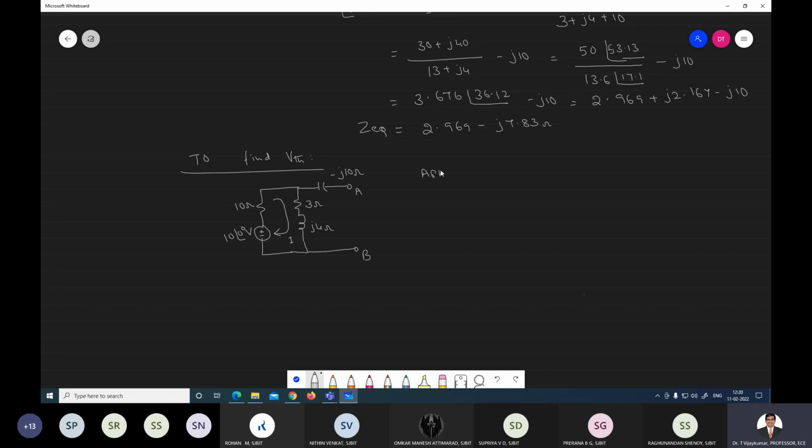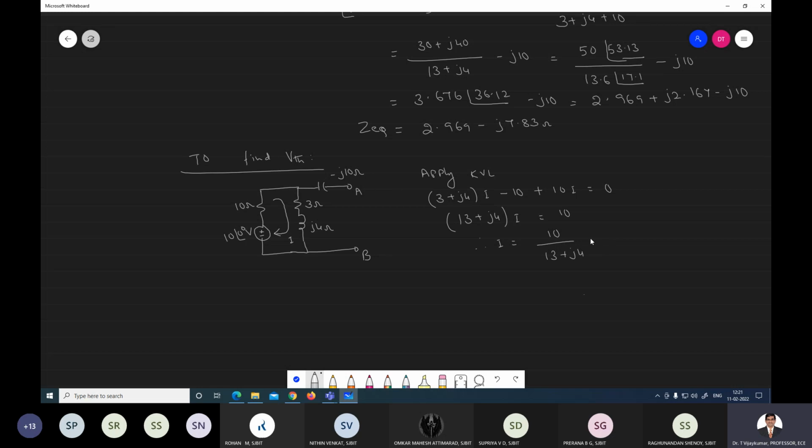When I apply the KVL, we can write it as 3 plus J4 into I minus 10 plus 10I is equal to 0. This we can write as 13 plus J4 into I, that is equal to 10. So therefore, current I is equal to 10 divided by 13 plus J4.